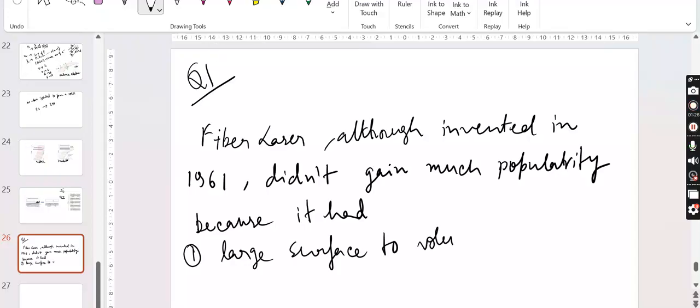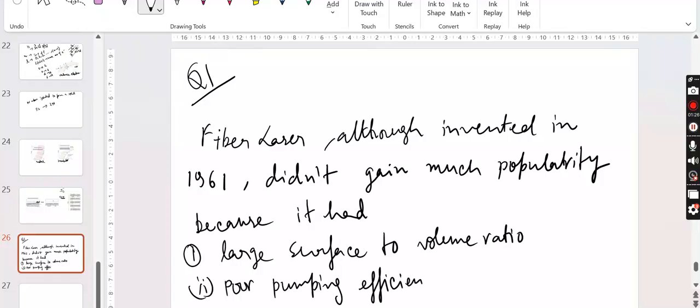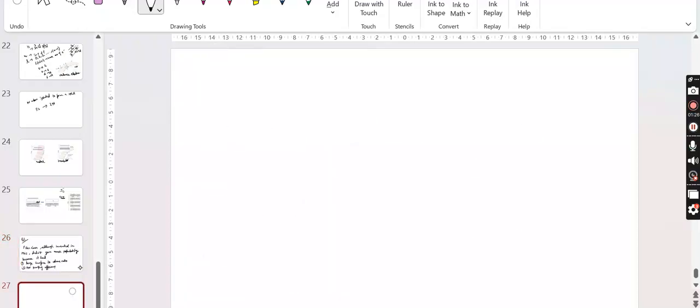Volume ratio, efficiency, fiber lengths were not possible.